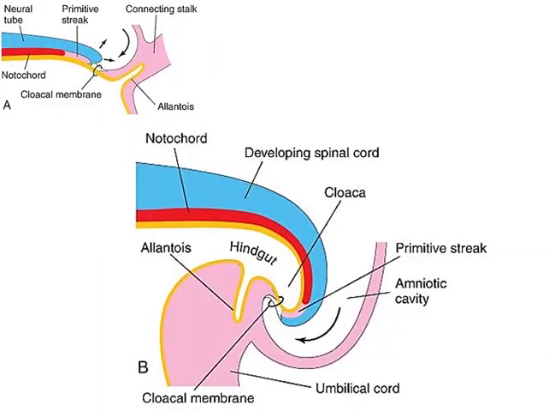This figure shows the cloacal membrane. This is the neural tube and spinal cord area, the connecting stalk, and here we have the allantois. When the tail fold appears ventrally, the amniotic cavity from dorsal becomes slightly ventral.